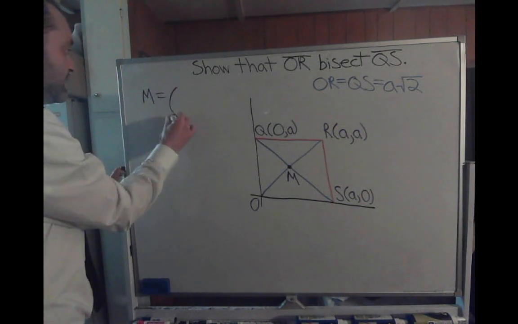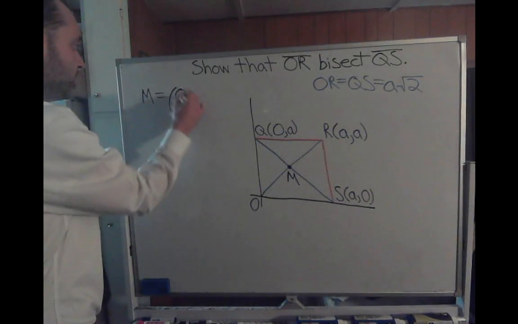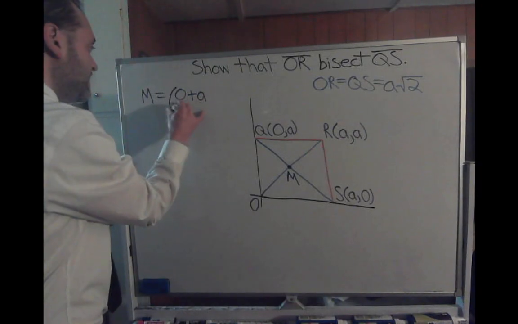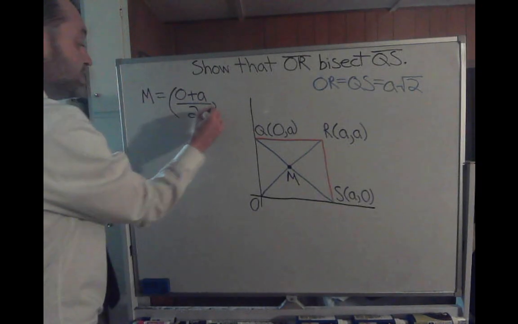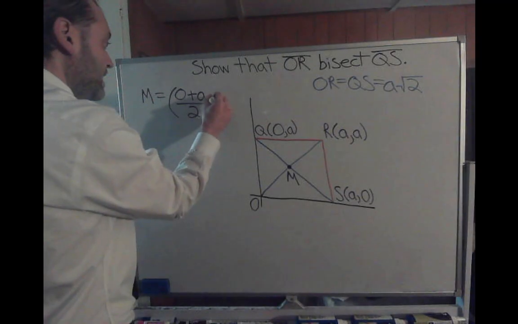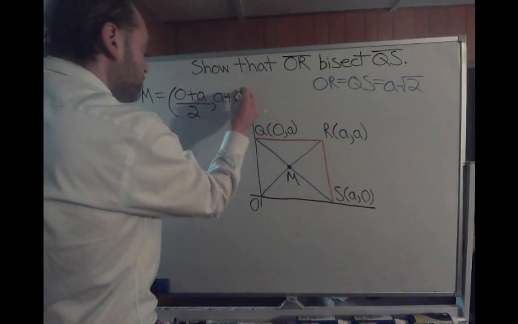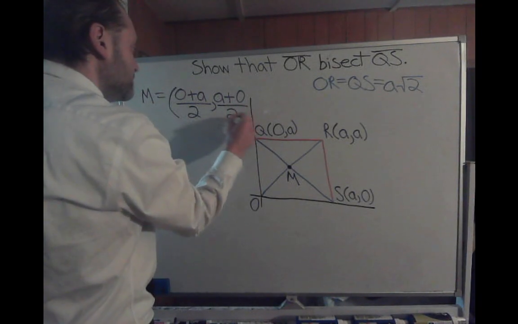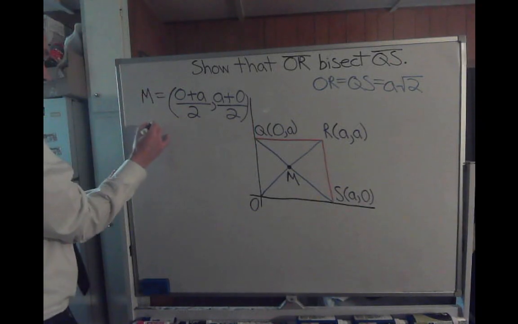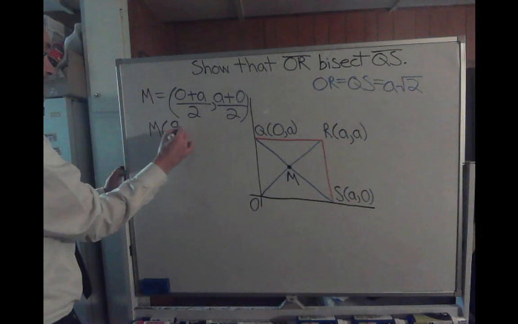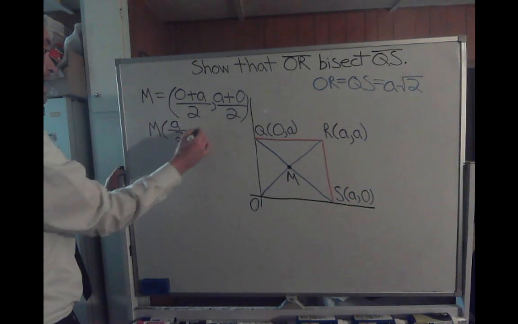So you'll take your first x-coordinate of 0 plus your second x-coordinate of A, divide that by 2, then take your first y-coordinate of A plus your second y-coordinate of 0, divide that by 2, which gives you that point M is located at the point A over 2, A over 2.